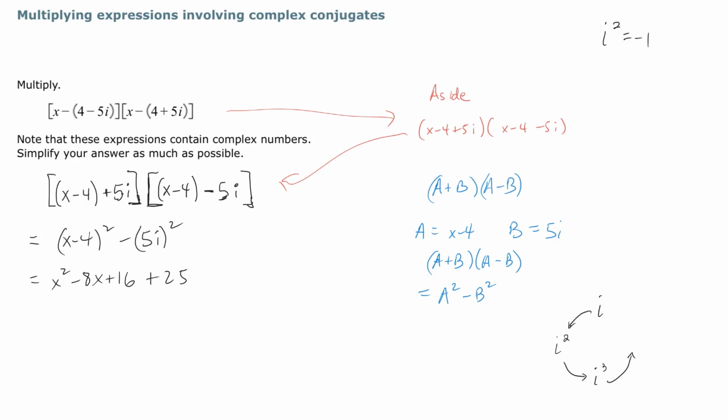And then i to the 4th gets you positive 1. So not a total surprise. And this down here is equal to negative i. Anyways, I should finish the problem. It says to simplify this as much as we can. So the final expression is this.